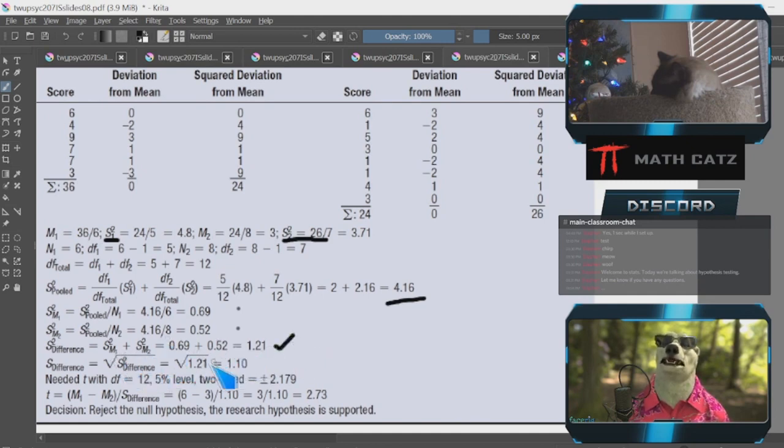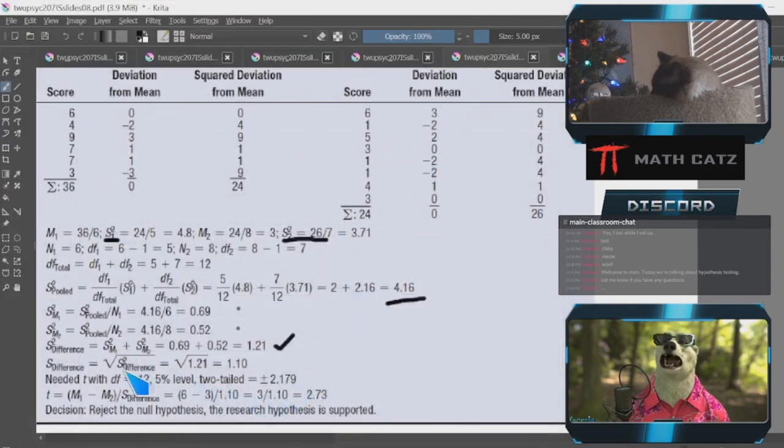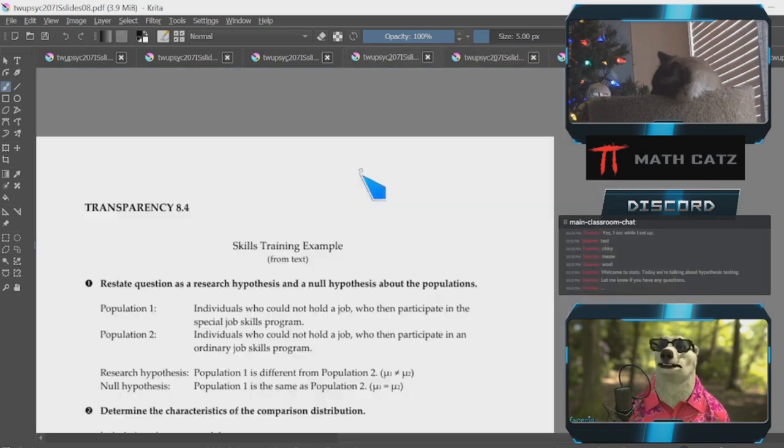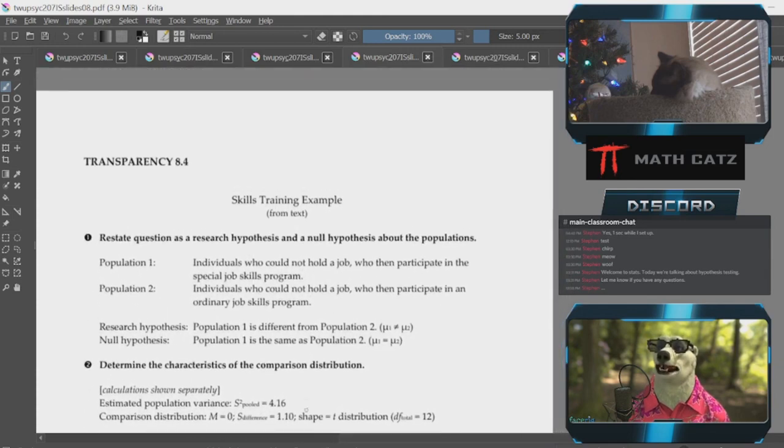And of course, for this formula over here, we need the standard deviation of the difference. So we take the square root. Then I think this is also in the list here. So we get our t-distribution, and we get these 2 numbers.